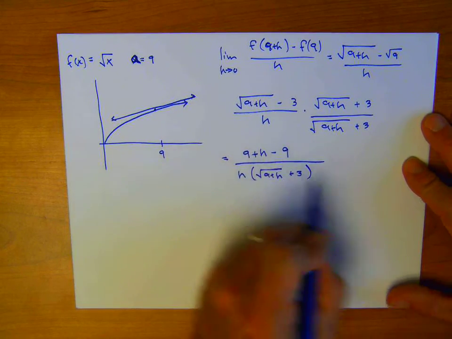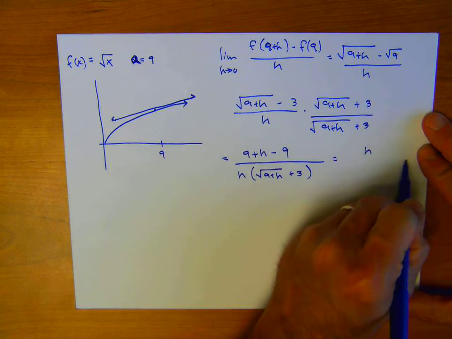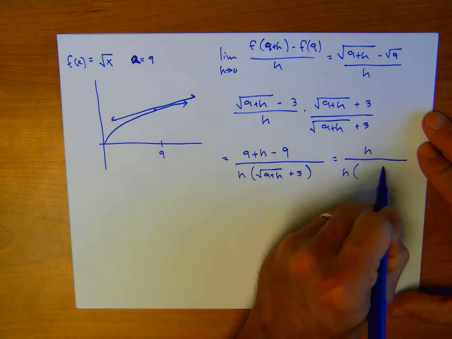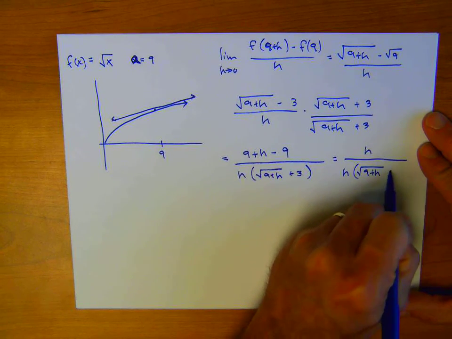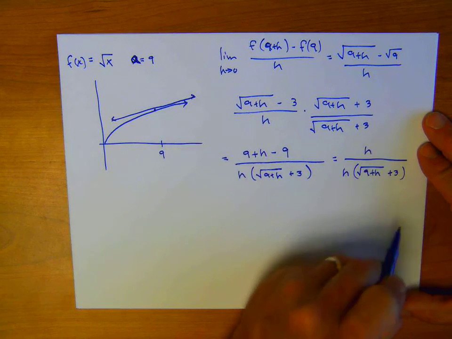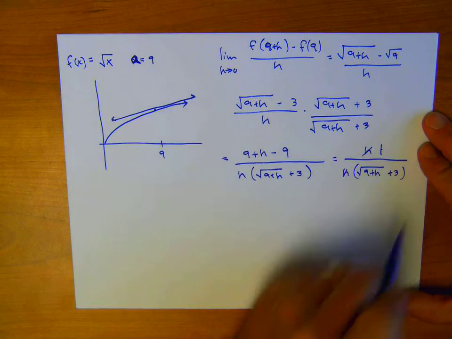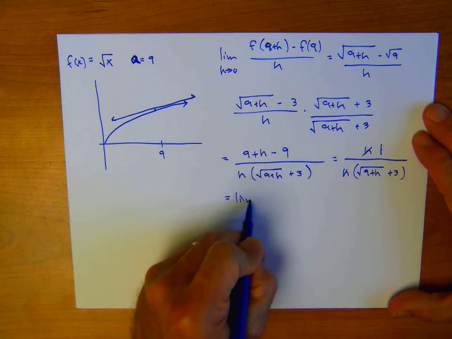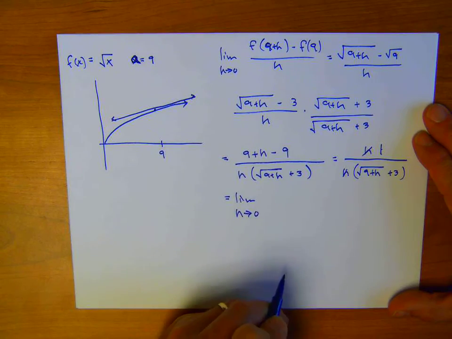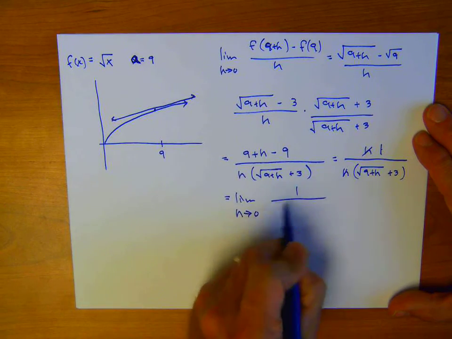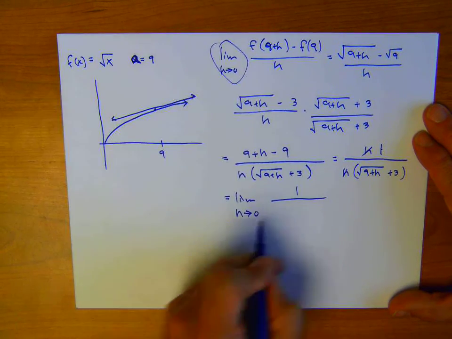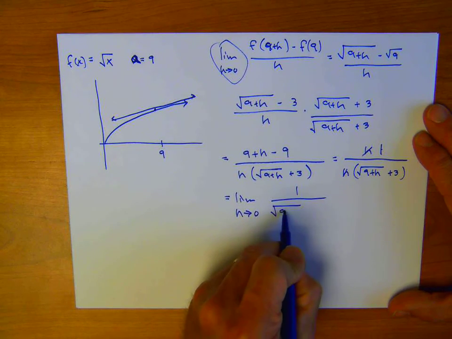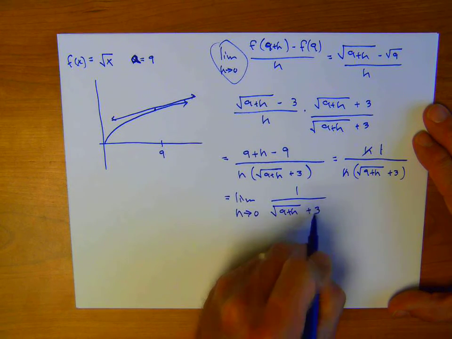Of course, the numerator simplifies just to h over h times the square root of 9 plus h plus 3. h divided by h is 1. So now I'm taking the limit as h goes to 0. Don't forget, I did all the algebra in here, but we start off with a limit. So square root of 9 plus h plus 3.